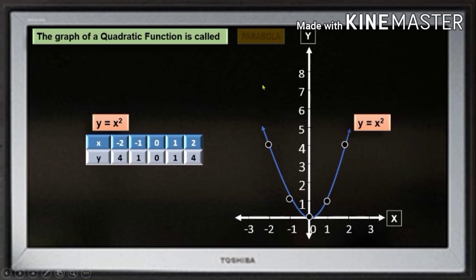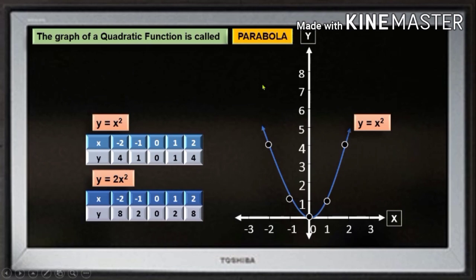We have the quadratic function defined by y equals 2x squared, and in its table of values, if x equals 0, the value of the function is also 0. If x is negative 1 and positive 1, the same value we have here, positive 2. If x is negative 2 and positive 2, the value of the function is the same, which is 8.